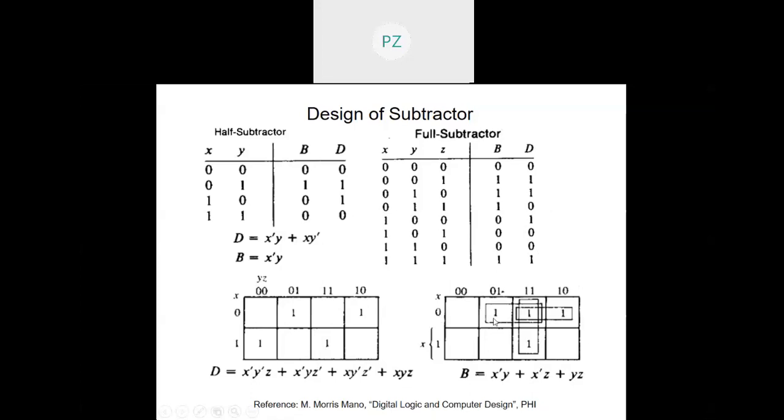So when you combine them, you see that x dash y gets eliminated, z x dash z, this term, right? And then these two x dash y, and finally over here x will be eliminated by z. So these are the expressions corresponding to a subtractor. So that is how you can design a half subtractor and a full subtractor as well.